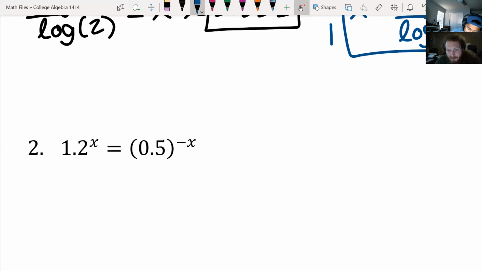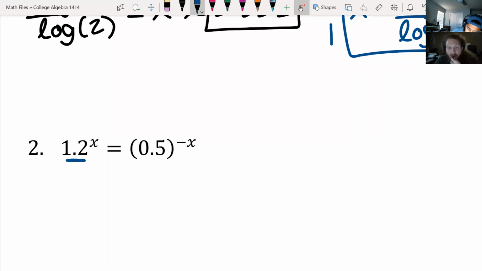But okay. All right. Number 2. 1.2 to the x equals 0.5 to the negative x. So let's go ahead and solve for x. So what we're going to do is, again, convert from exponential to logarithm. And I'll use the base on the left side.